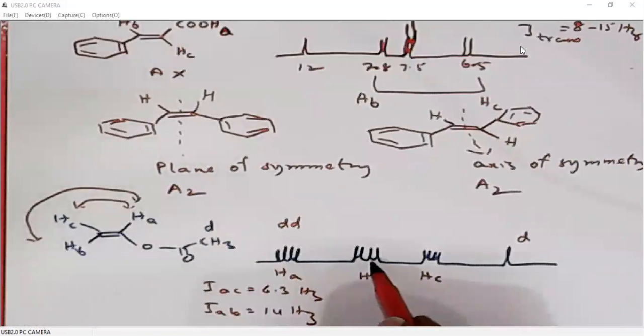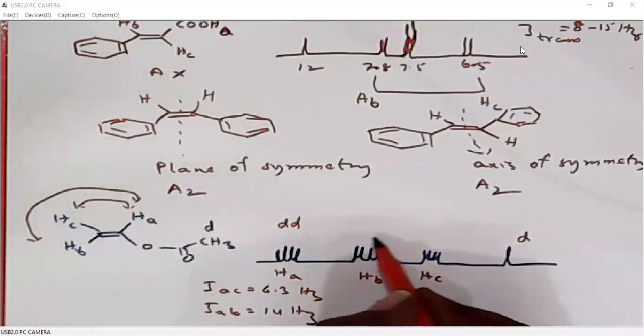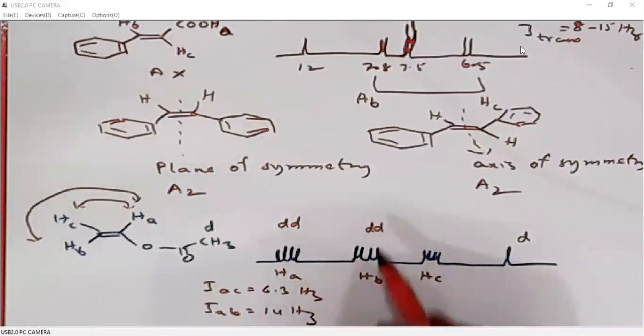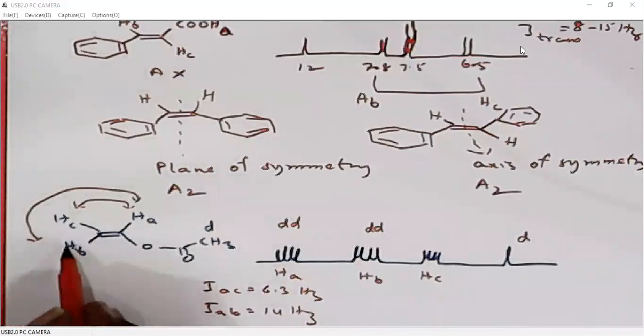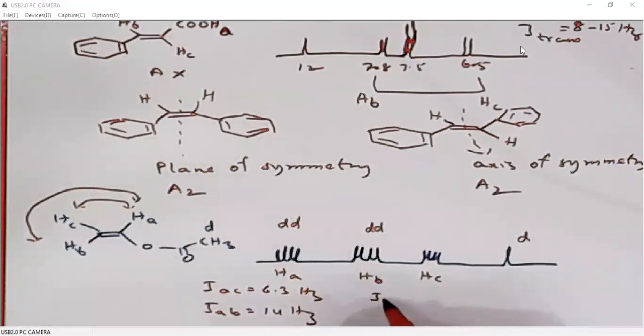But here you see it is again a doublet of doublets, which is for B. But see what B has: one trans coupling and one geminal coupling. Geminal coupling value is very small, 1.5 Hz. That is why we have very little difference between this doublet and this doublet. But these two doublets are well separated because it also has trans coupling.